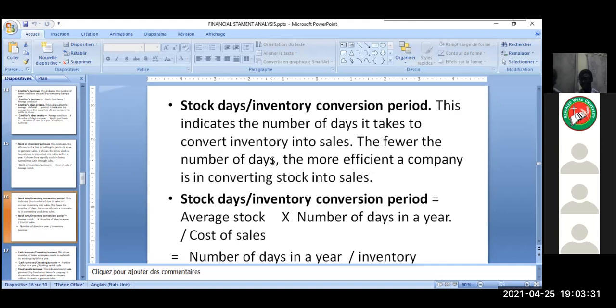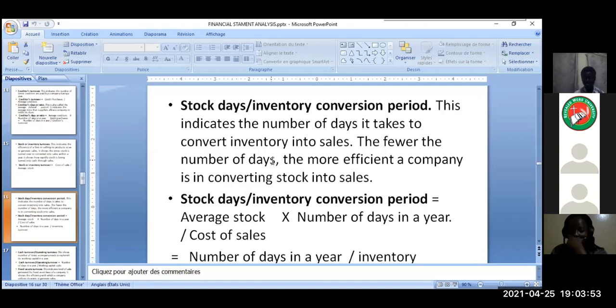So our efficiency in managing the stock will be based on the period we actually keep the stock.